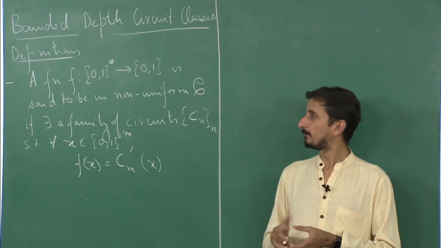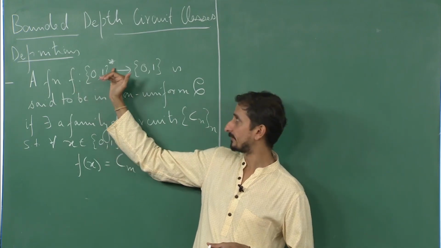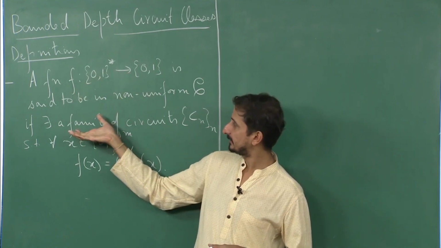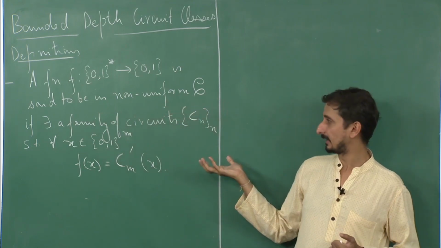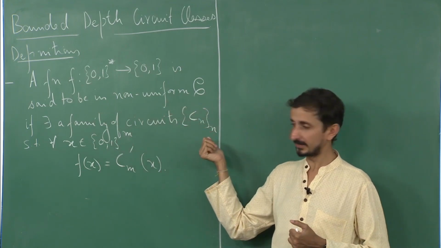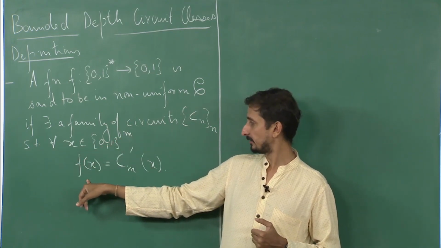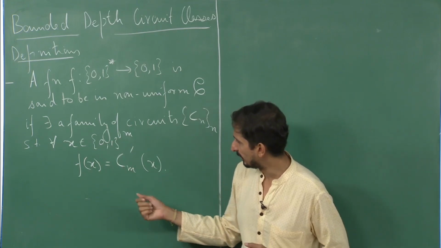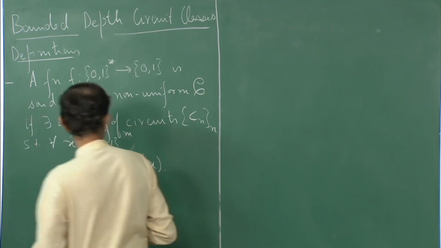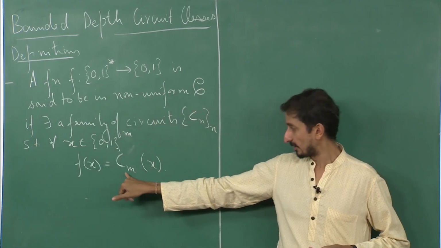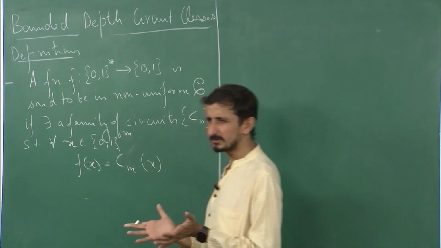This says that a general function, which can have inputs of arbitrary size, so I have a star over here, is said to be non-uniform C, where C can be any class, if there exists a family of circuits such that for all x of a fixed length, the value of that function on that input should be what the corresponding circuit outputs on that input. So this is what is non-uniform.